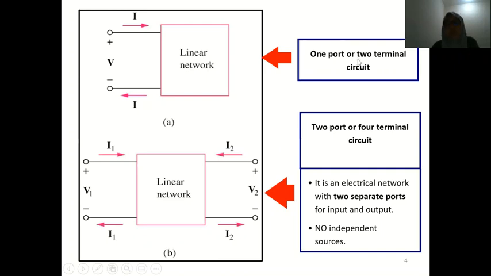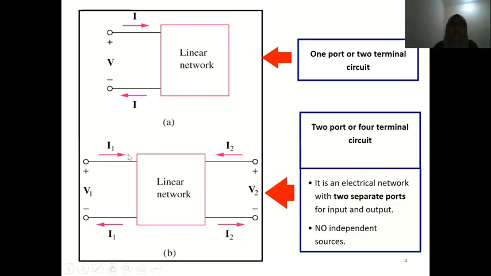One port has two terminals. The first terminal is where the current enters the network, and at the second terminal the current may leave the network.